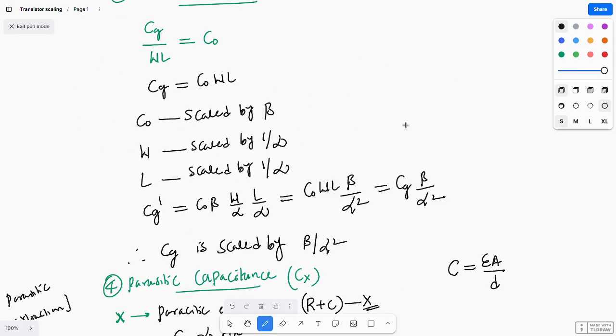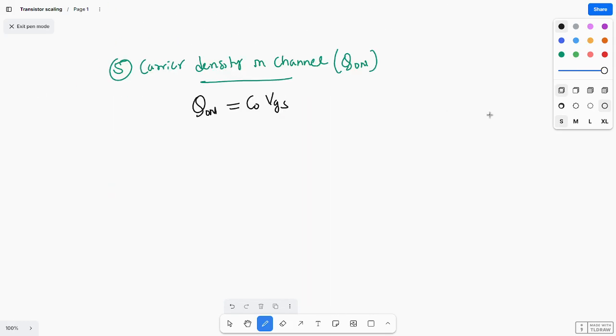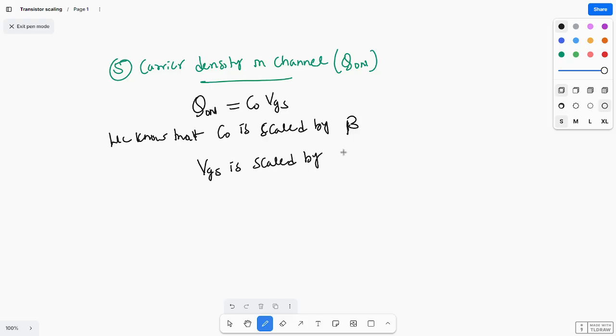So C0 is scaled by beta, and other voltages, that is VGS, is scaled by 1 by beta.